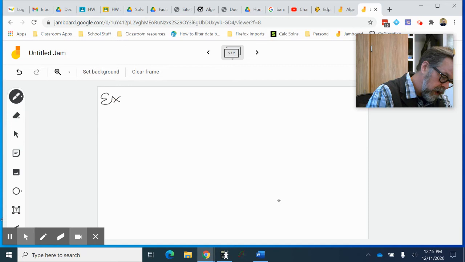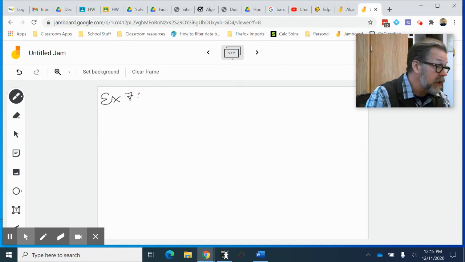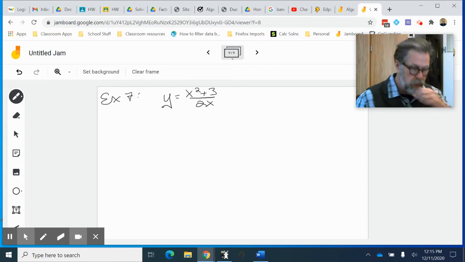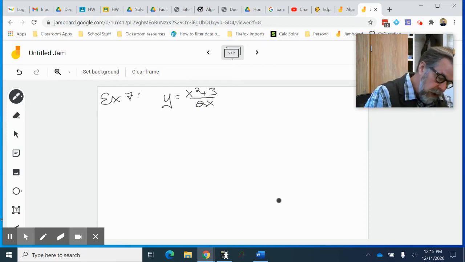Let's do a quick example. Let's look at y equals x squared plus 3 over 2x. Now, we could use the quotient rule for this, but the other thing that we can do is rewrite this as two separate functions, x squared over 2x plus 3 over 2x.